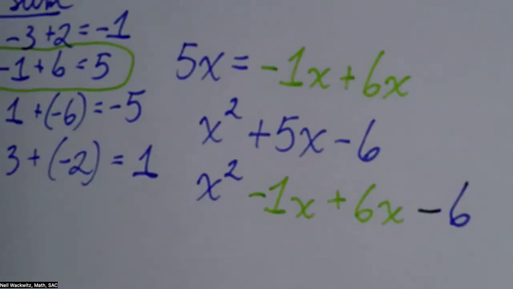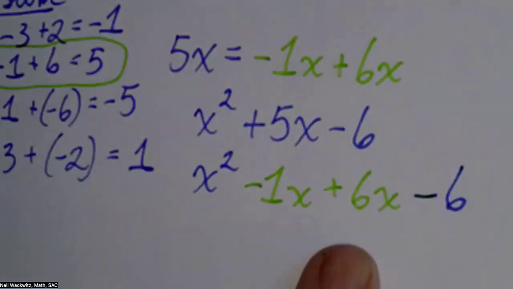Do you think I just happened to put the positive 6x second, or do you think I did it on purpose? On purpose. Yes, and tell me why. That's right.